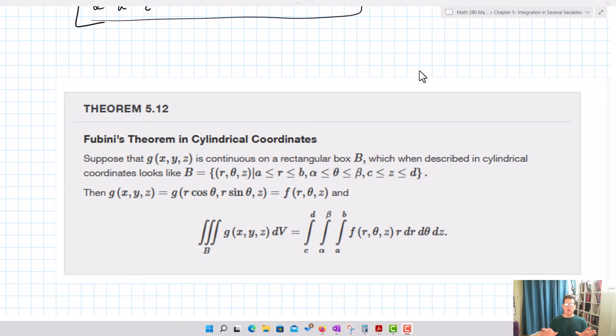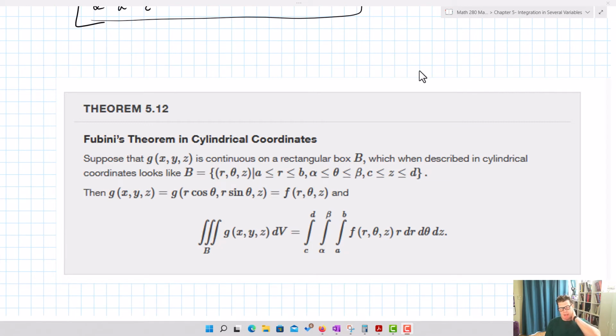So if we're going to transform this into a theorem, and make a statement about what it is exactly that we're doing when we change something into cylindrical, let's go in with Fubini's theorem for cylindrical coordinates. We have a function g of x, y, z that is continuous on some rectangular box B, which we can describe in cylindrical coordinates as the set of r, theta, z such that r is greater than or equal to a, less than or equal to b, theta is greater than or equal to alpha, less than or equal to beta, and z is greater than or equal to c, less than or equal to d.